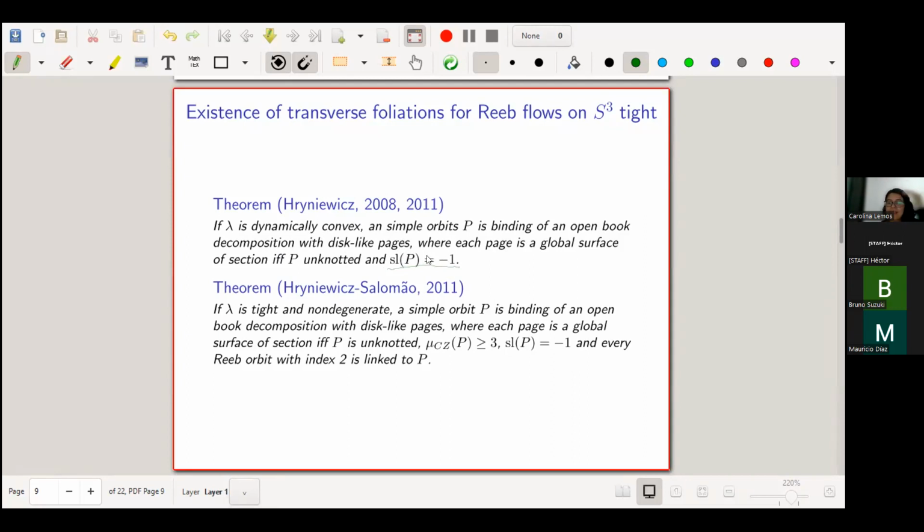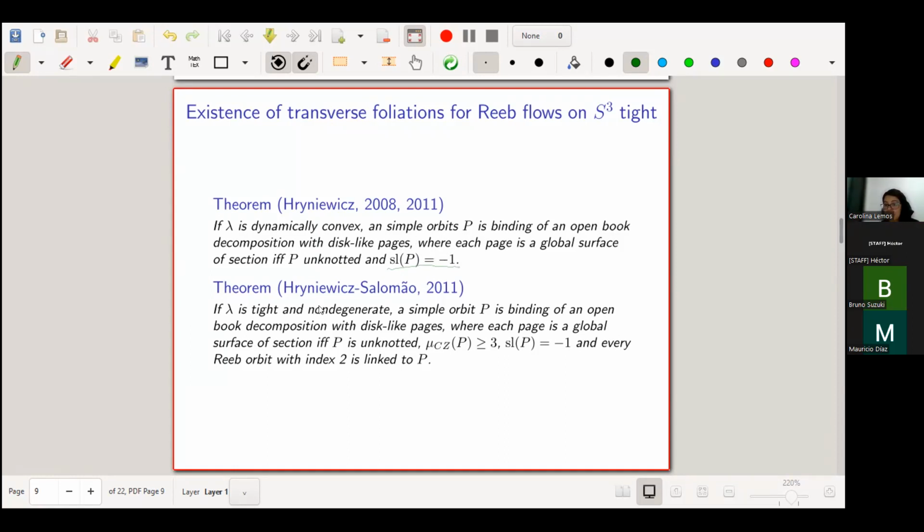But basically, every time you have a disk transverse to the flow with boundary in your orbit, it has self-linking number -1, but I will not explain the details.